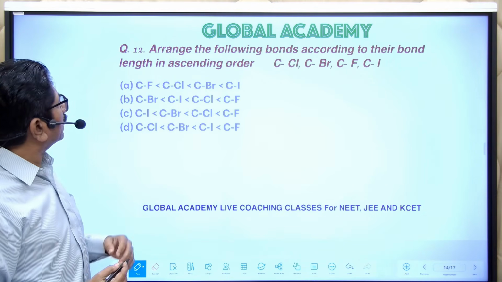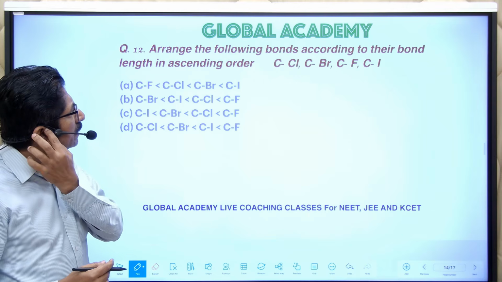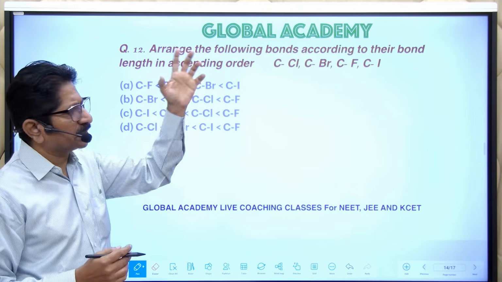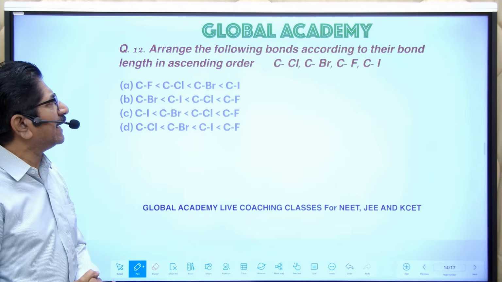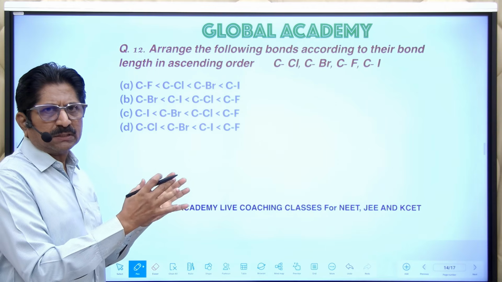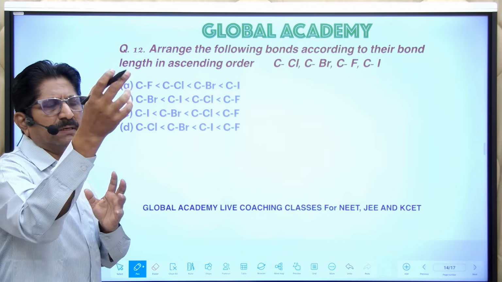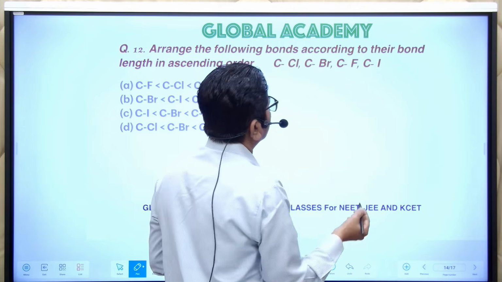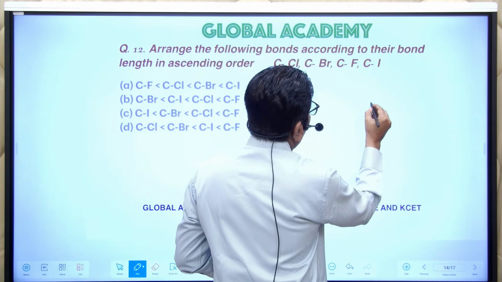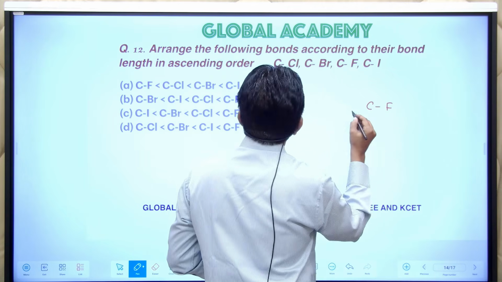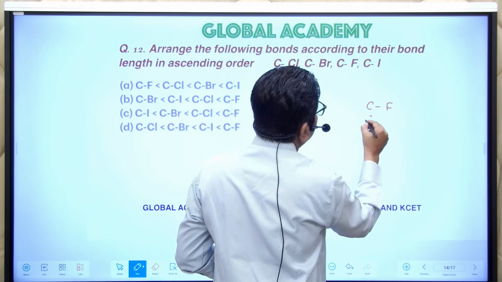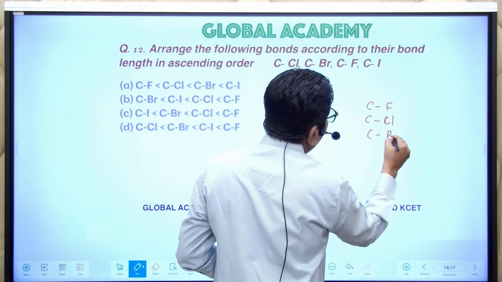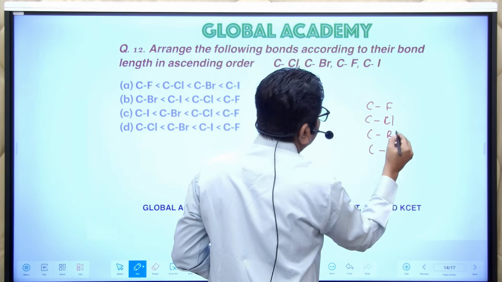Similar question: arrange the following bonds according to their bond length in ascending order. How to write the bond length in ascending order? From shorter to longer bond. I already told you the order is like this. C-F has the shortest bond length, then chlorine, then bromine, and then iodine.